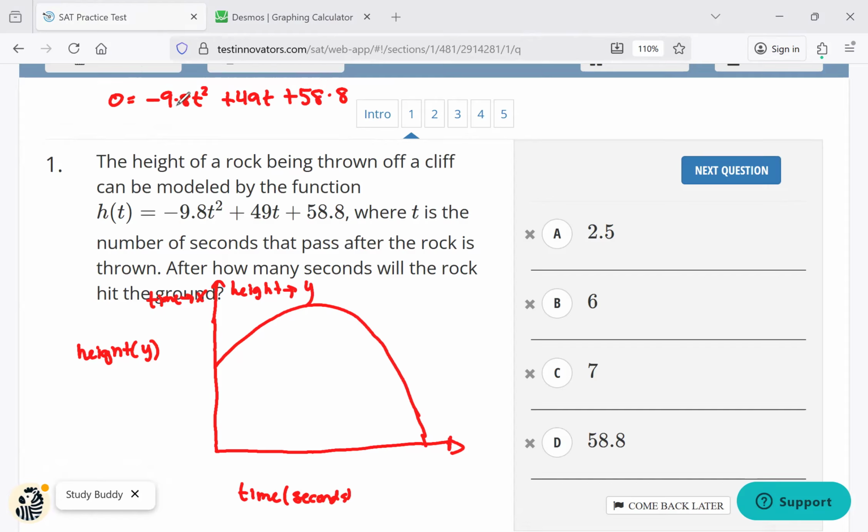You divide both sides by negative 9.8, so you get 0 equals t squared minus 5t minus 6. 49 divided by negative 9.8 is -5.